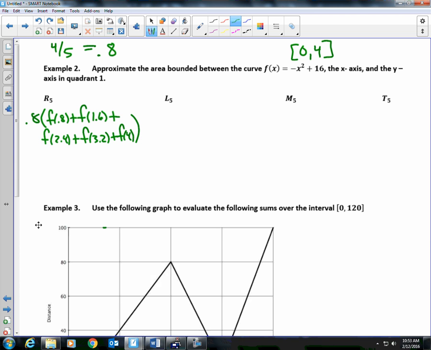We're going to evaluate that in a second, but before we do, how would the left-hand sum be different? Where would I start? Start at 0 and I would end at 3.2.